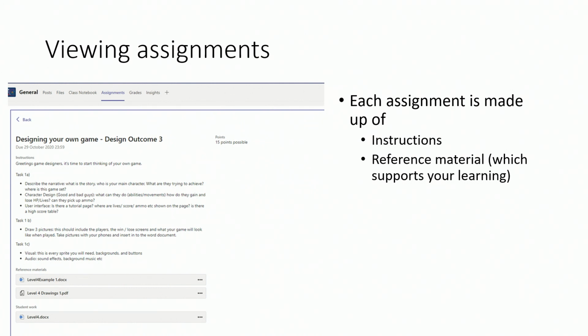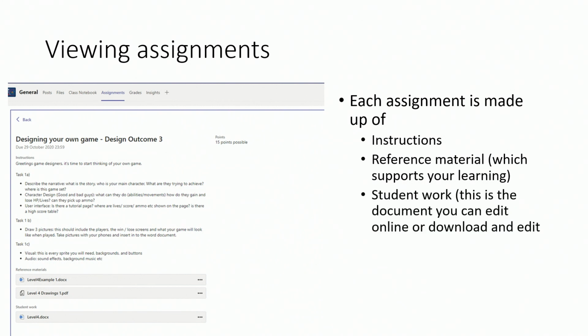For example, on here I have put down two examples of work and an example drawing of the standard I would expect. And the student's work. This is the document you can either edit online or download and edit using the Microsoft Office that we've already talked about. You'll also see points. This shows you how many marks this piece of work is worth.